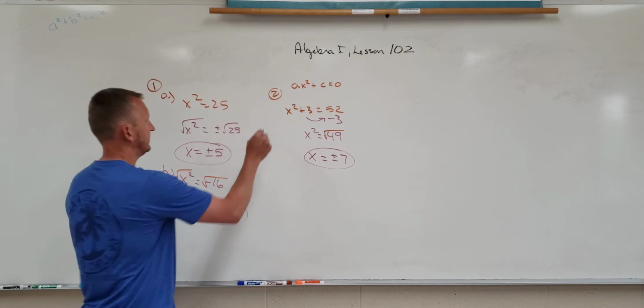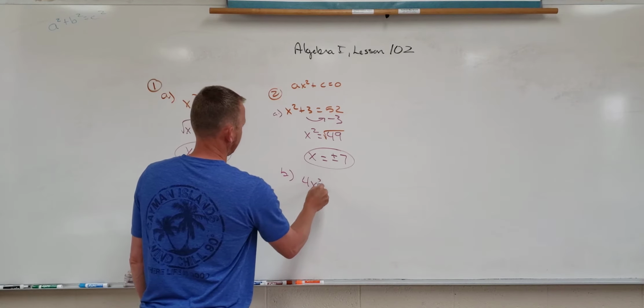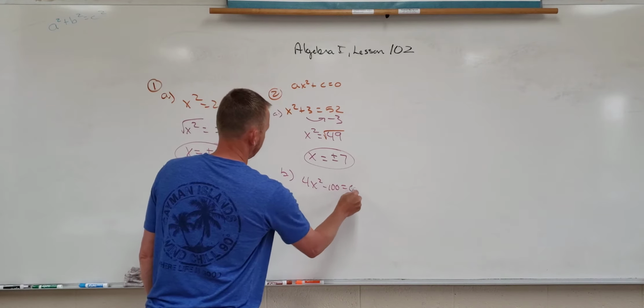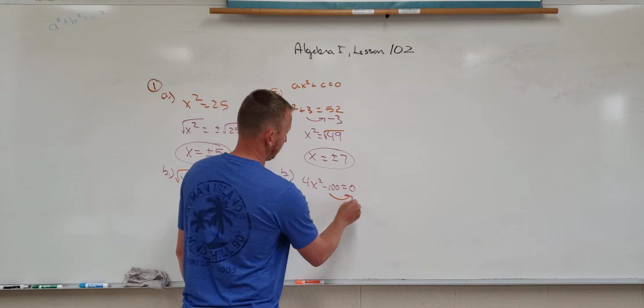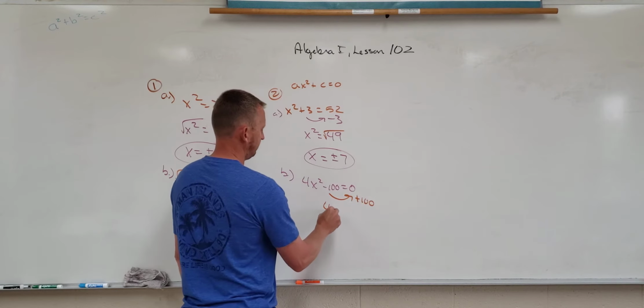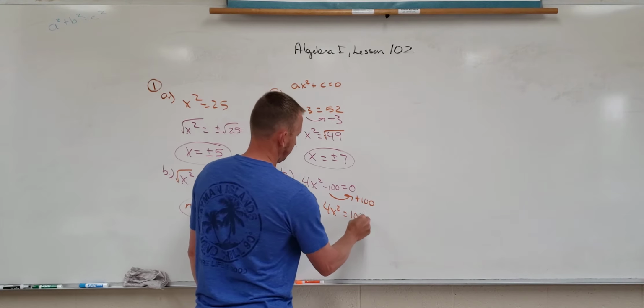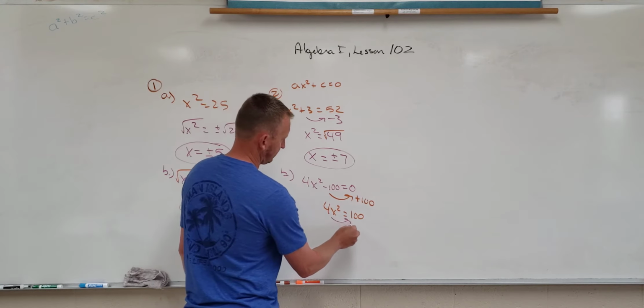What about B? So that was A. B, we have 4x squared minus 100 equals 0. Again, still just solving for x. Take our 100 over here and add. So I have 4x squared equals 100. Multiplying here, so come over and divide.